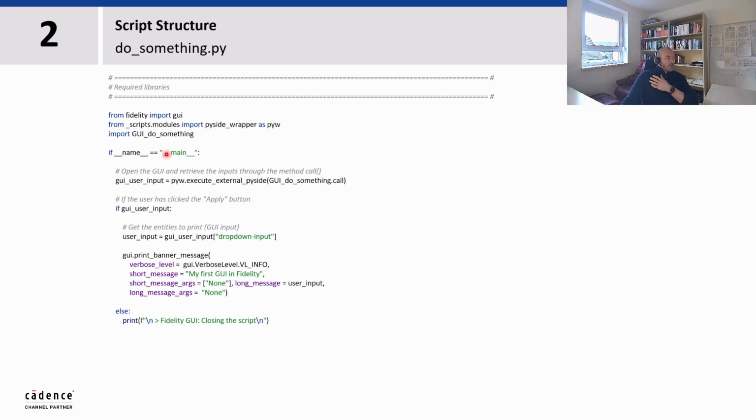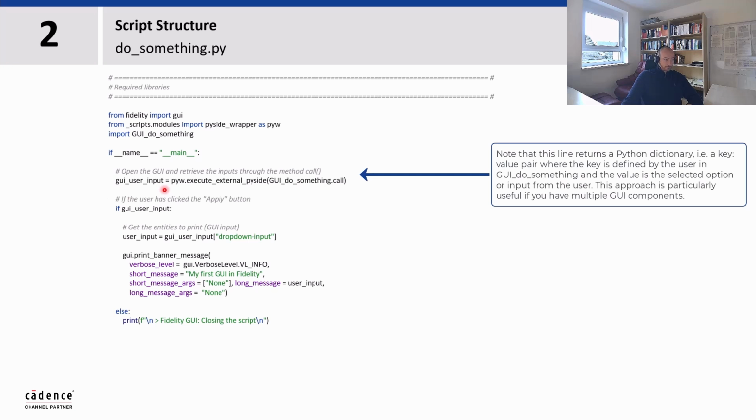And then what we are essentially doing is we execute or we call the other script, which will set up the GUI. Then the GUI opens and the user can enter his inputs. And all these inputs will be collected in this variable right here. And then we have an if-else condition.